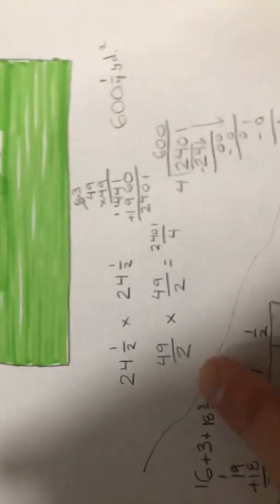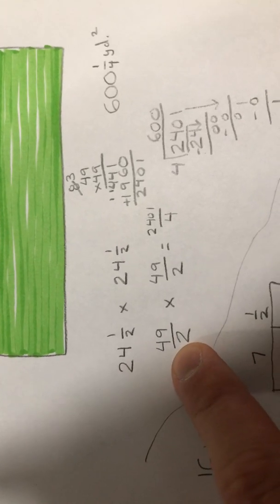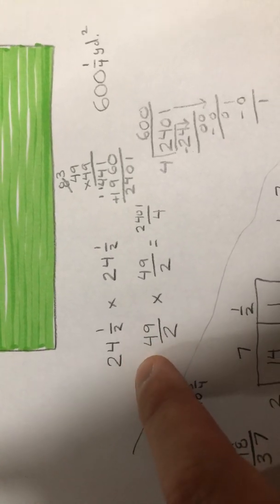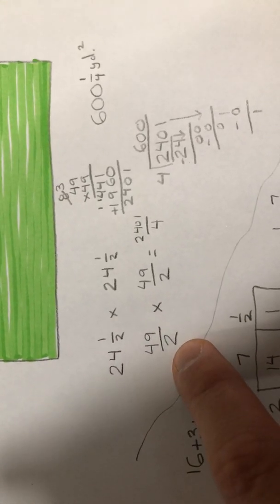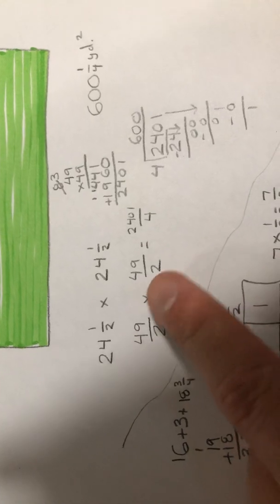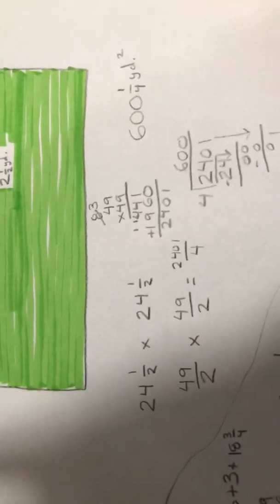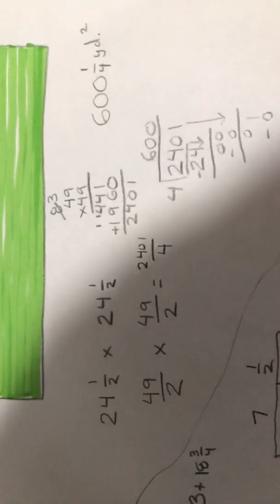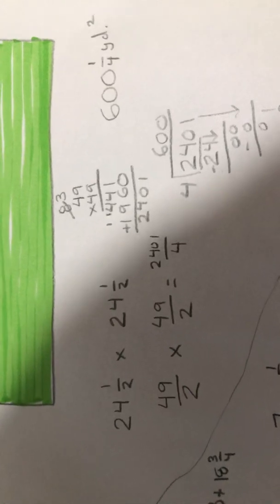You can see I changed the mixed numbers to improper fractions. So I did 24 times 2, which is 48, and then I added a 1, and I got 49. And the denominator stays the same. And of course, since it's the same mixed number, you're going to get the same improper fraction. I multiplied 49 times 49, and I got 2,401. And then 2 times 2, I get 4.